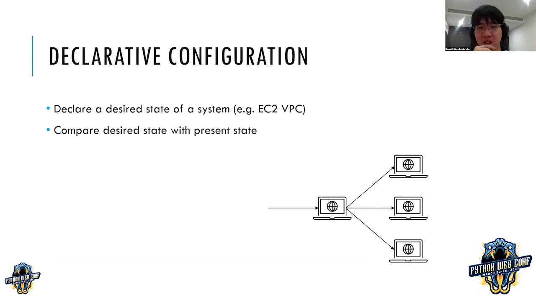But we were able to use EC2 VPCs to experiment, and through our declarative configuration, we are able to compare a desired state with a present state.